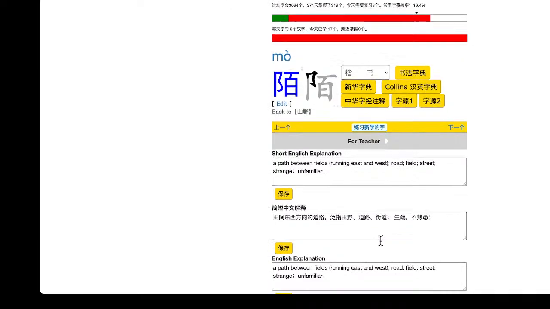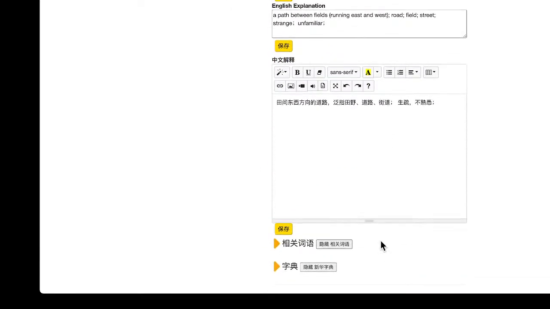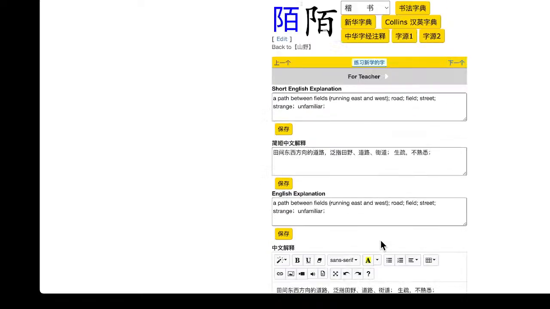Now this one also has a meaning, means strange or unfamiliar, like 陌生人, that means a stranger, right. Now this thing is also interesting. You can see that it goes with a 百 which means 100, so also means many.